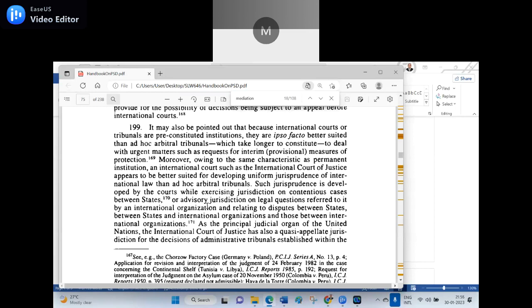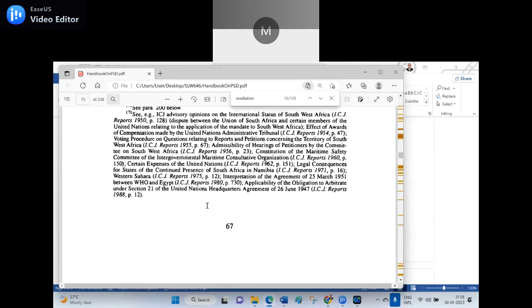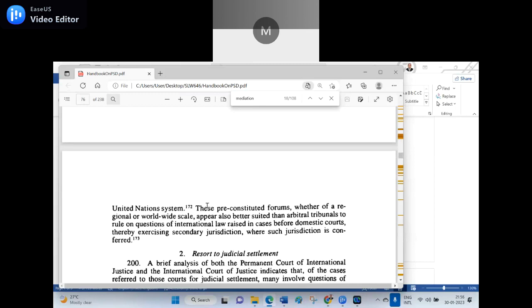As the principal judicial organ of the United Nations, the International Court of Justice also has quasi-appellate jurisdiction over decisions of the administrative tribunals established within the United Nations system. So it has a dual nature.